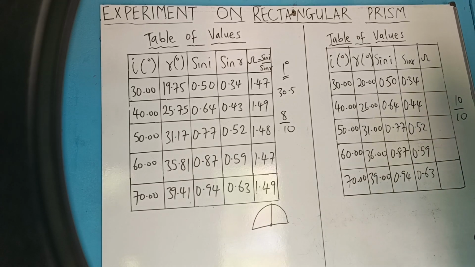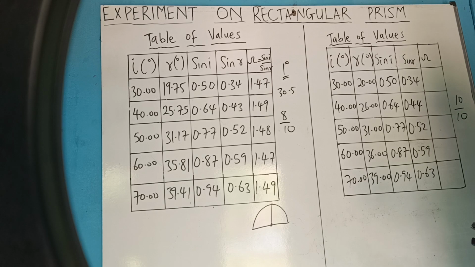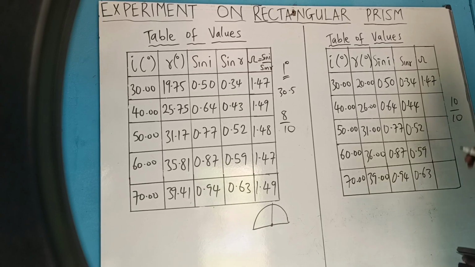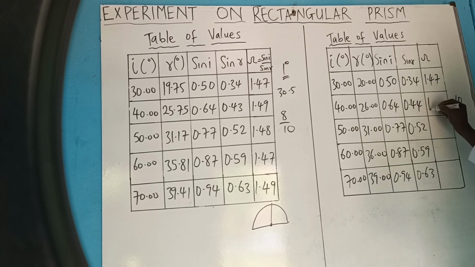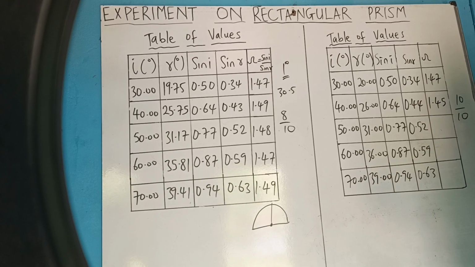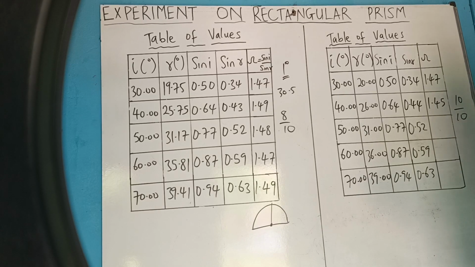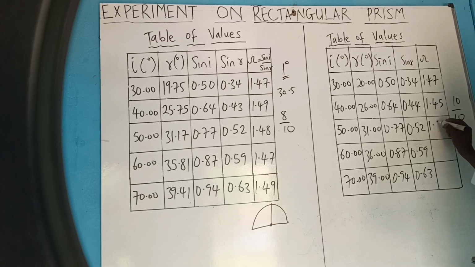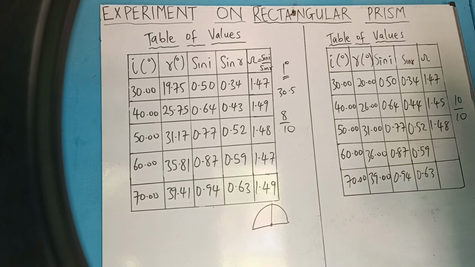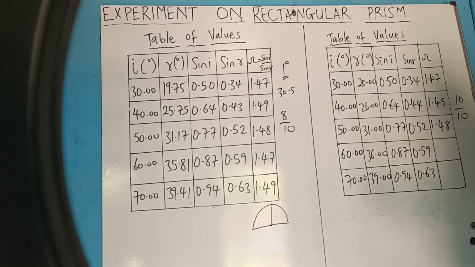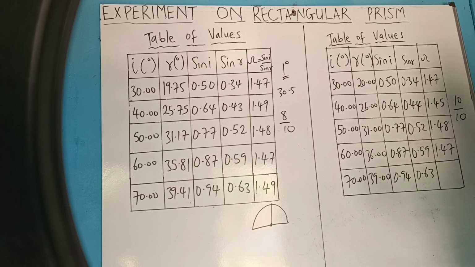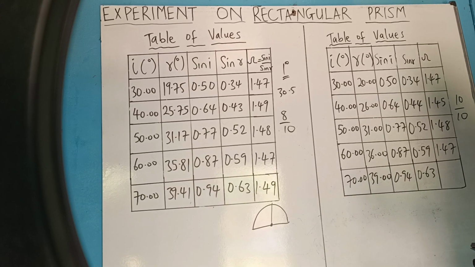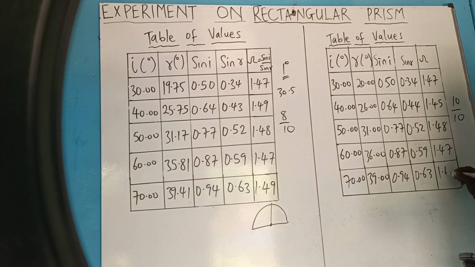This over this: 0.5 over what? 0.5 divided by 0.34 gives 1.47. Then 0.64 divided by 0.44 gives 1.45. 0.77 divided by 0.52 gives 1.48. 0.87 divided by 0.59 gives 1.47. 0.94 divided by 0.63 gives 1.49.